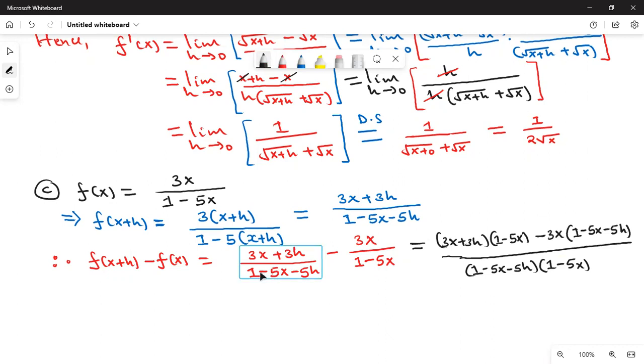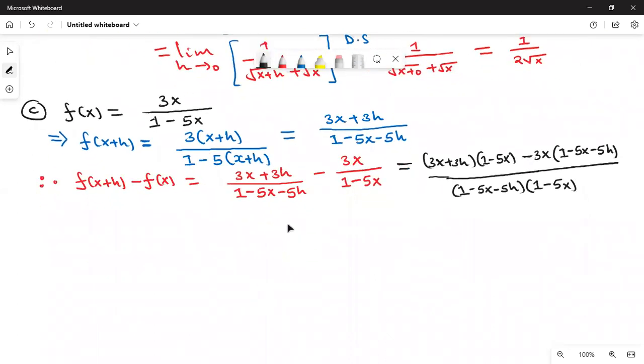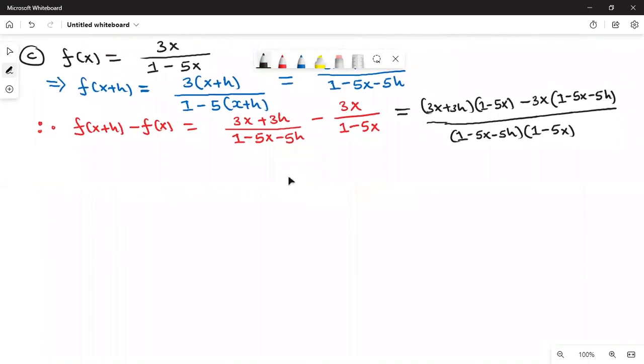So I can now simplify the numerator. Open the bracket in the numerator. Let me multiply the whole of this by 1, which will give us 3x plus 3h. Now the whole of this again by negative 5x gives us negative 15x squared minus 15xh.